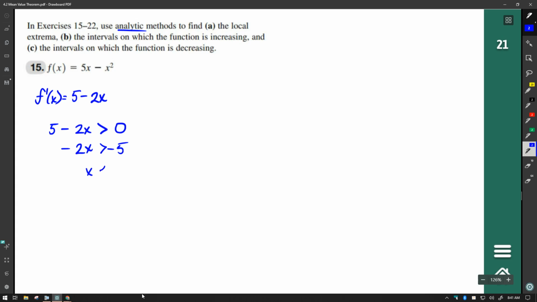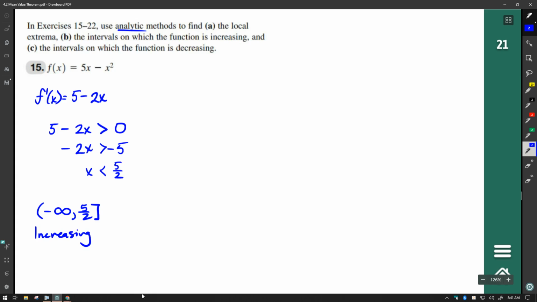We'll have x is less than positive 5 halves, because once we divide by a negative, that greater than sign flips over to a less than sign. So on the interval from negative infinity to 5 halves, all the way included, since the derivative is positive, we are increasing here.